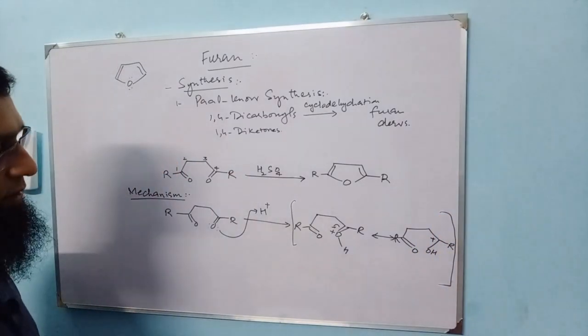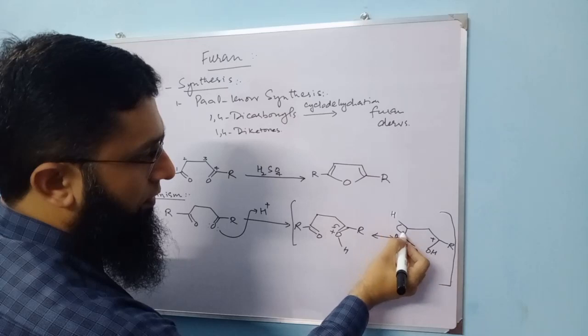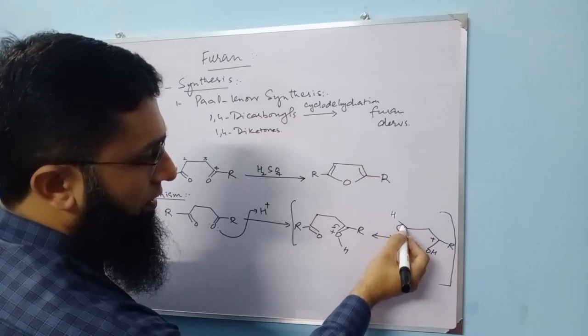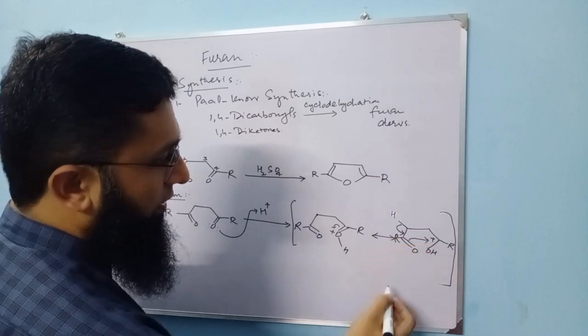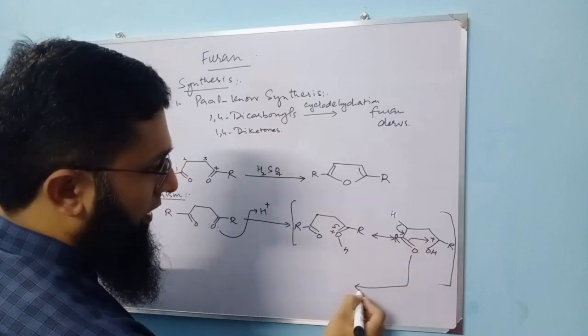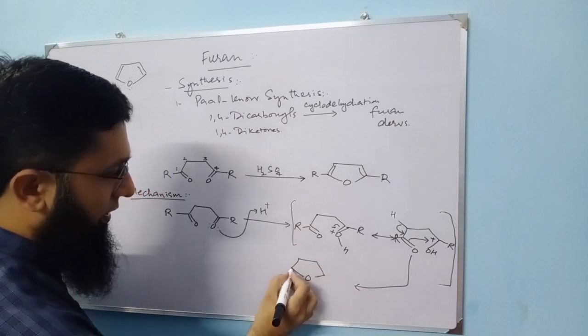Now in the next step, this bond shifts here and this attacks at this place. As a result, we get the cyclic structure.